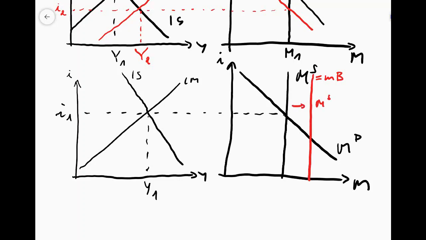So if there is a rightward shift of the money supply, then the new equilibrium must be at a lower interest rate, for example, lowercase i2. That is, then at the new equilibrium, the LM curve must be to the right of the original LM curve. And that means we will have higher real output in the economy and lower interest rate.